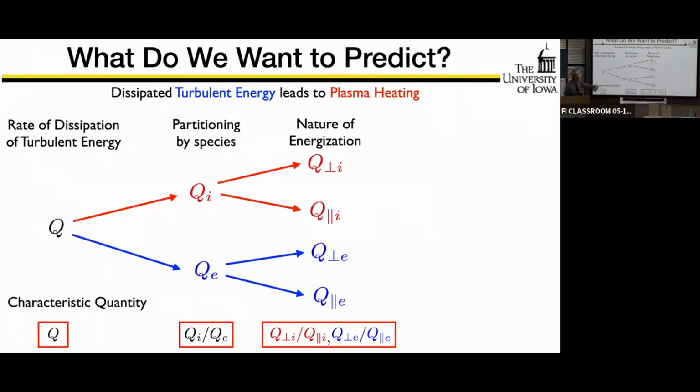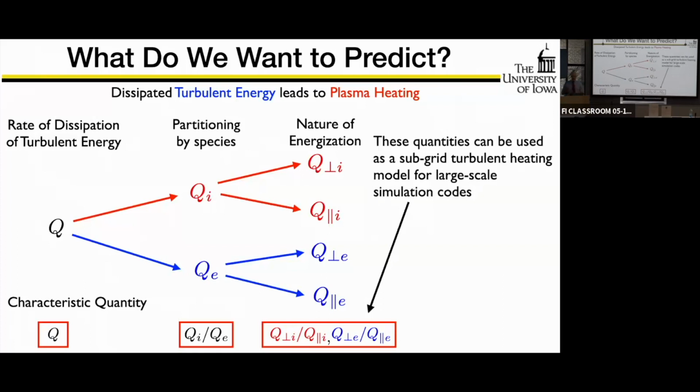So each of these quantities in the red boxes at the bottom are basically the quantities that you can use as a sub-grid scale model for turbulent heating that can be attached to large-scale simulation codes, things like that general relativistic MHD code of a black hole accretion disk. So you can use that to determine, and that's exactly what was done to generate those two different pictures.